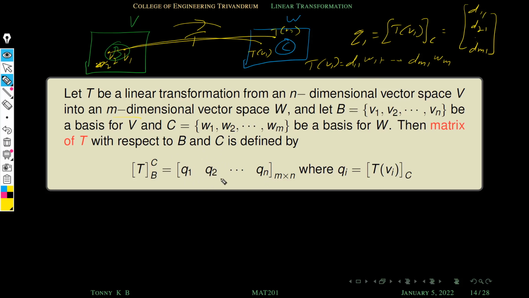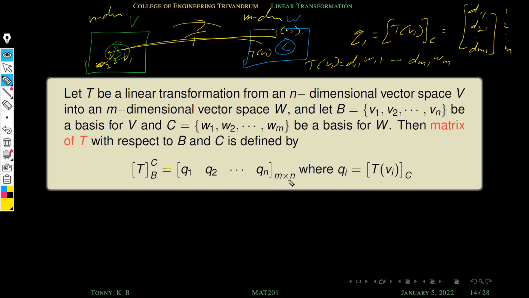So totally this matrix has n columns, right? Corresponding to every Vi, we have a column. So n columns. Then how many elements in each column? Each column corresponds to a coordinate, and each coordinate contains m elements, right? So it has m rows and n columns. That's why this matrix is m by n. So if a linear transformation is from n dimension to m dimension, then the matrix corresponding to this transformation is an m by n matrix.